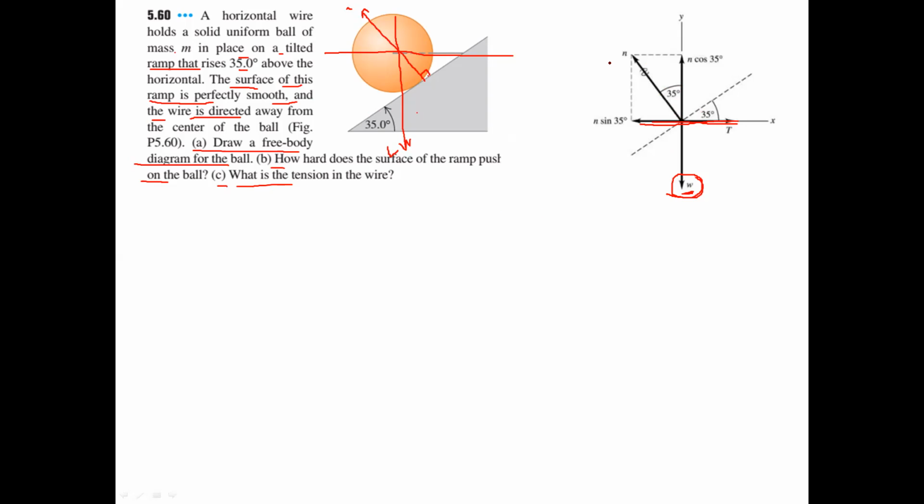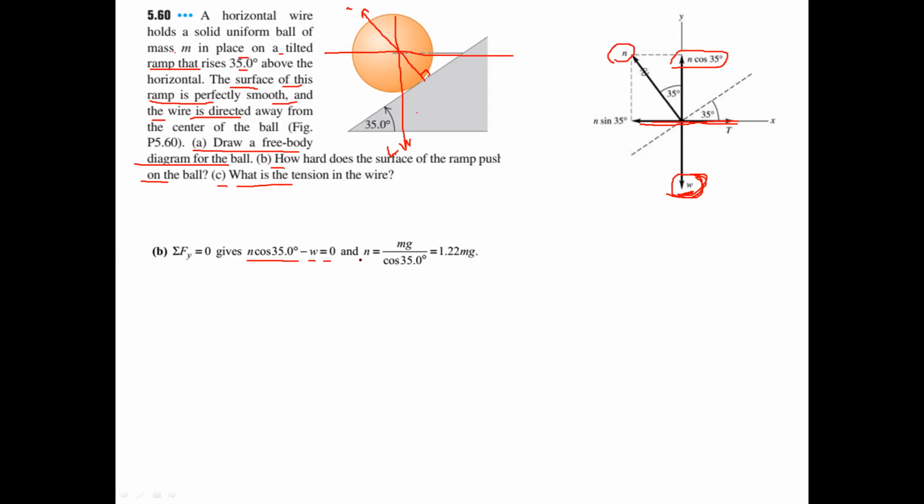So the free body diagram for this mass will be like this, okay? Now in part B, you will find the magnitude of this normal force. From the free body diagram, the forces in the y direction will be equal to the weight of your object. There is no motion along this axis. So N cosine 35 degrees minus weight will be equal to 0.